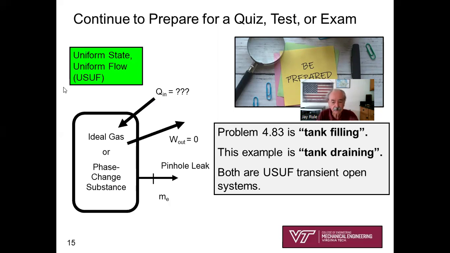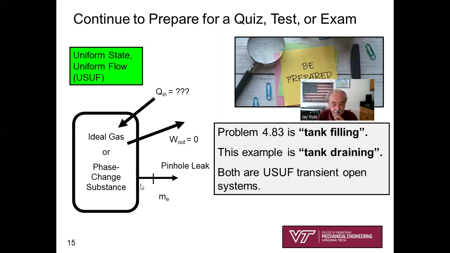And I've tried to give you a little sketch of what that might look like. So here's a similar tank. Of course, the substance could be an ideal gas or a phase change substance. That depends on the problem statement. If it's a rigid tank, of course, the work out is going to be zero. And in this type of example, there'd be a pinhole leak in the side of the tank.